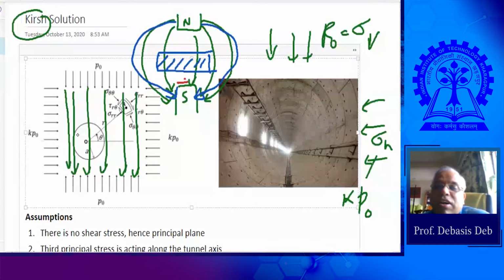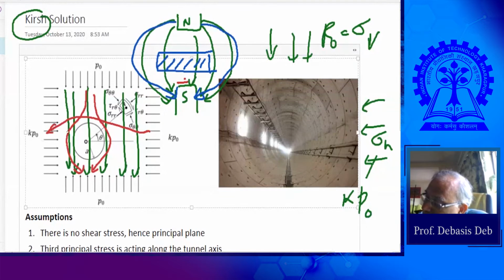We call it a tunnel or any other, maybe a mine gallery, or a stope by extracting the mineral, or from a panel, whatever. Now, when I have done that, I have disturbed these lines and made a vacuum, and stress cannot pass through a vacuum. As a result, the stress will bypass it, and it will go something like this. If there was a horizontal stress, it will also pass like this.